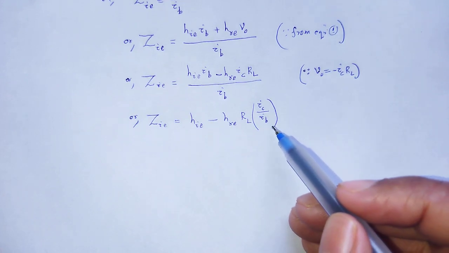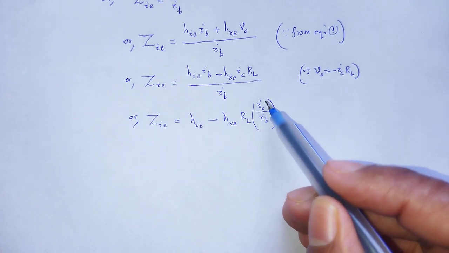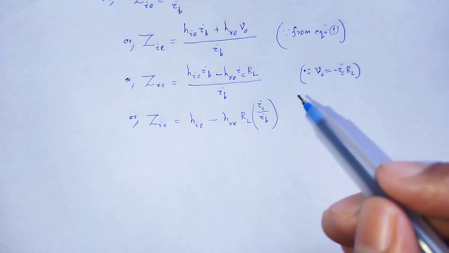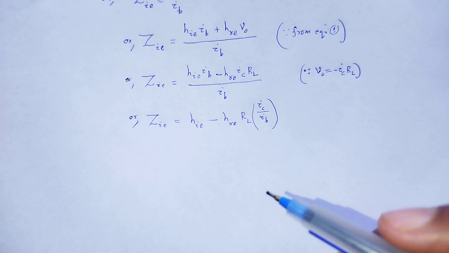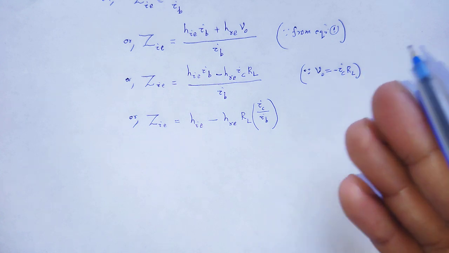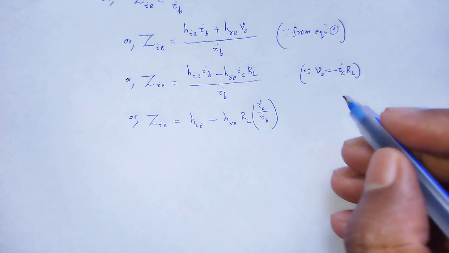IC divided by IB, output current to input current, is a technical term called the current gain, which we will discuss in an upcoming session of this video lecture.